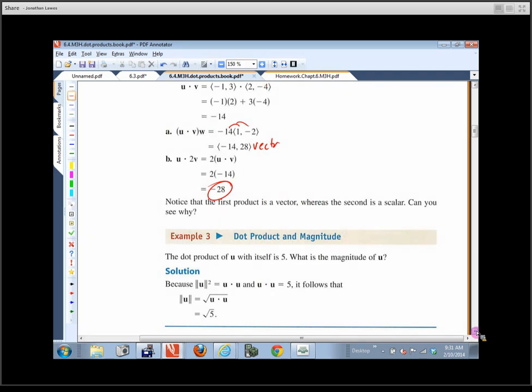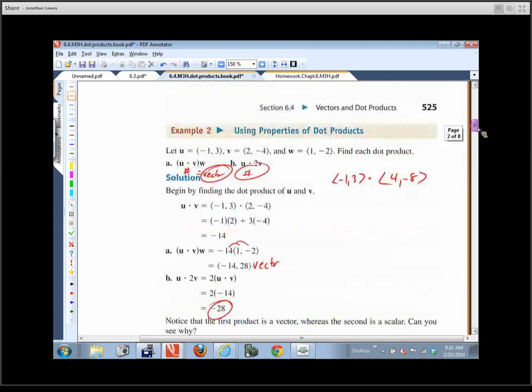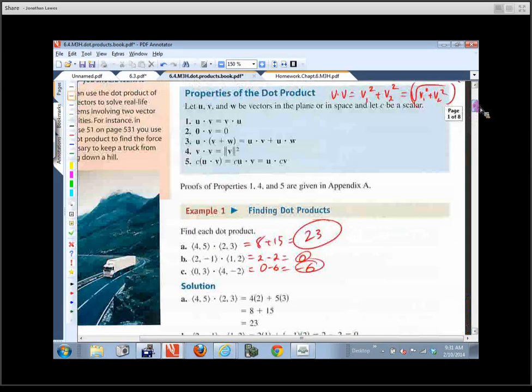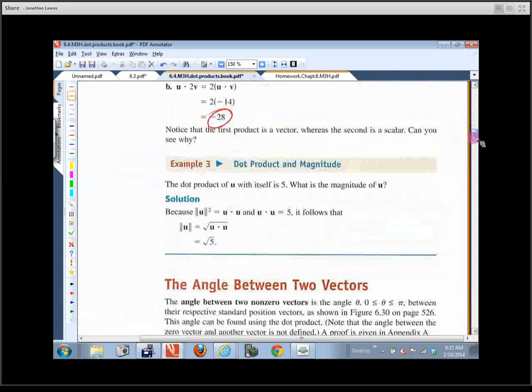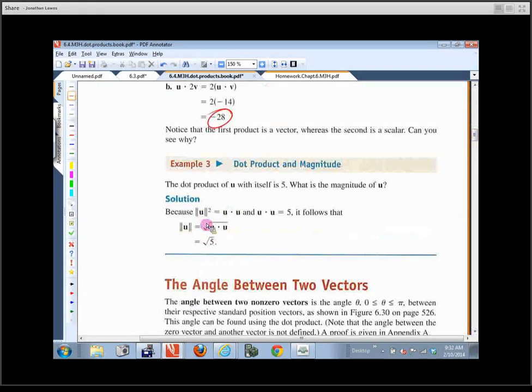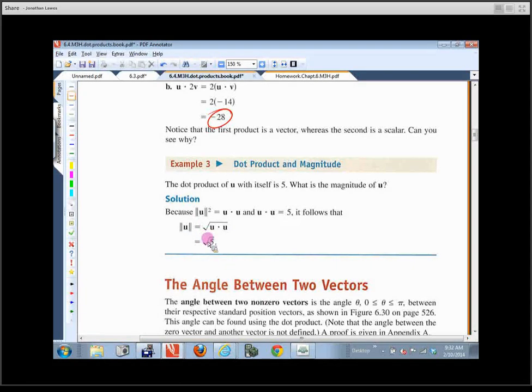Yeah, it's that formula that says if you dot it with itself, and they showed the work for it, you end up with the magnitude squared. So if they're telling us if you dot it with itself, I end up with 5, they're saying the magnitude squared is 5. So if you want to know what the original magnitude was, just take the square root of that, we get the square root of 5.